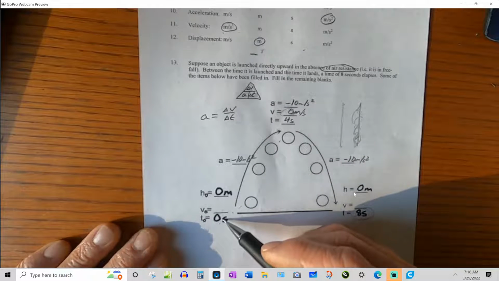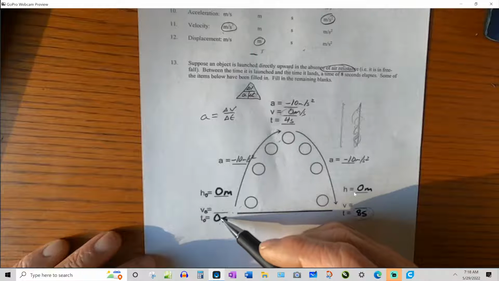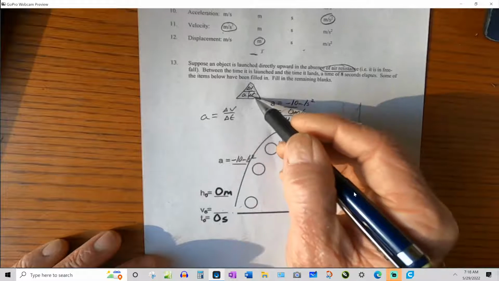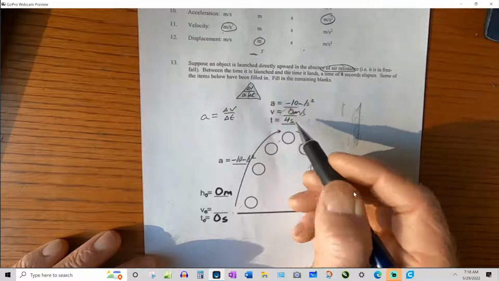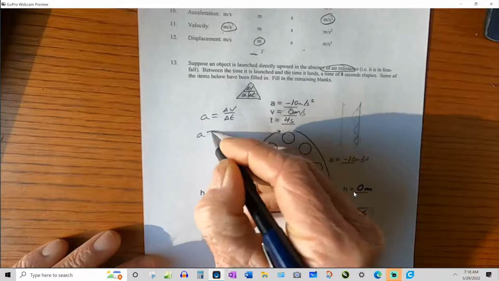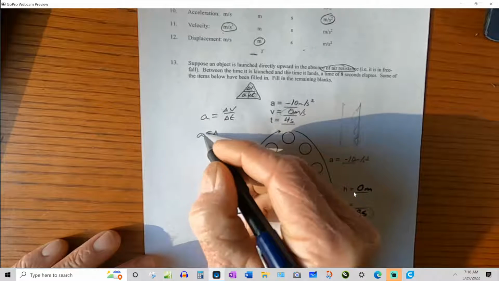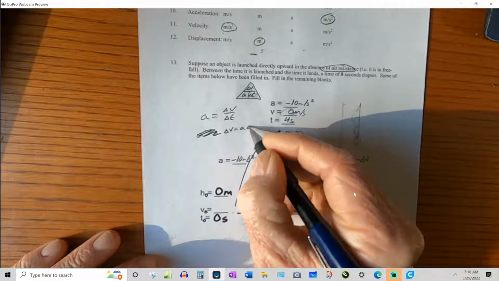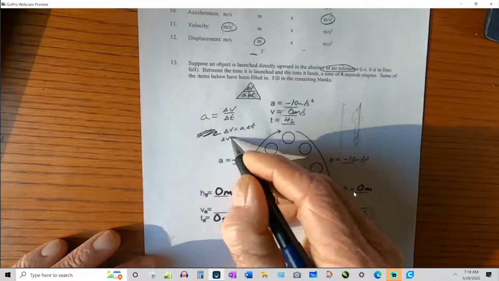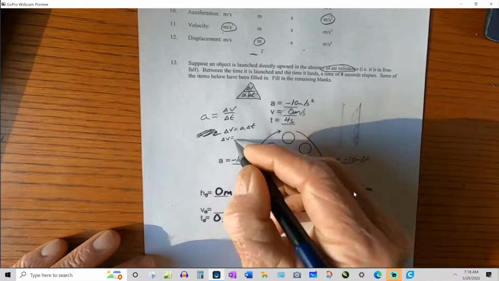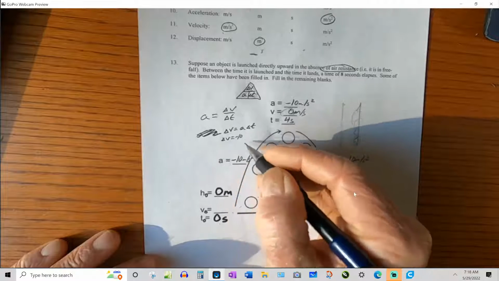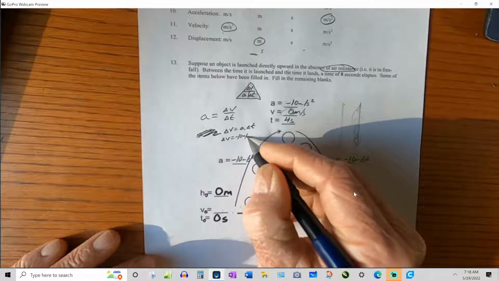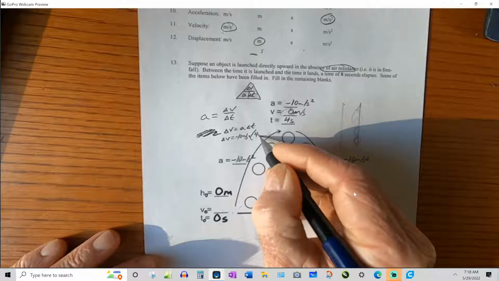So for this flight going up from 0 seconds to 4 seconds, delta t is 4 seconds. Delta v equals a times delta t. So delta v equals negative 10 meters per second squared times 4 seconds.